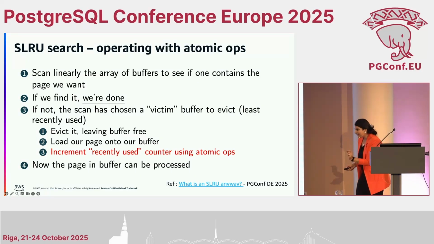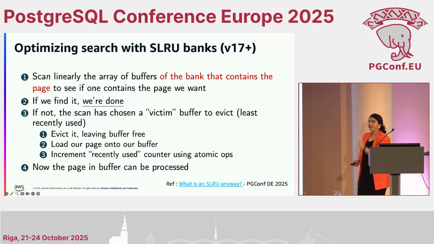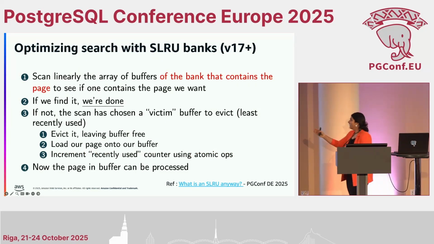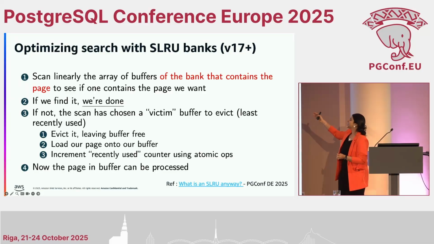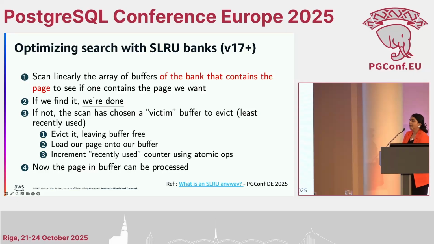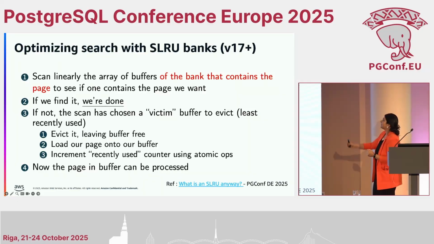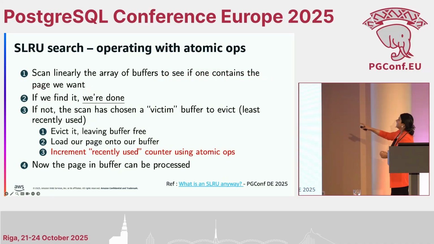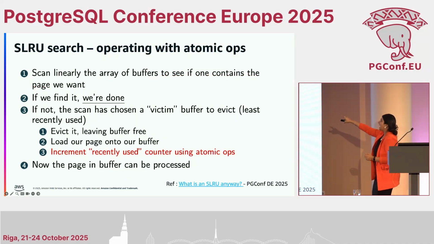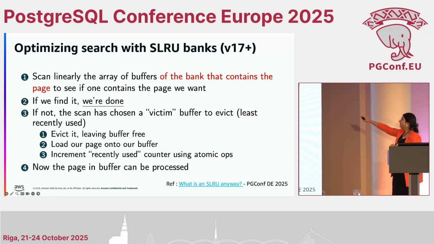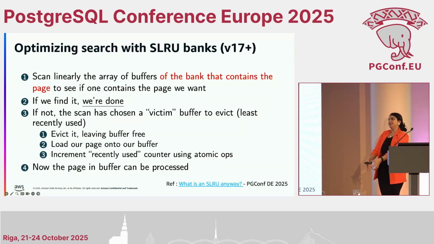But in 17, Postgres has optimized the search for SLRU using banks. To simply understand it, instead of scanning linearly the whole array of buffers, you only scan linearly the array of buffers of the bank that contains the page.